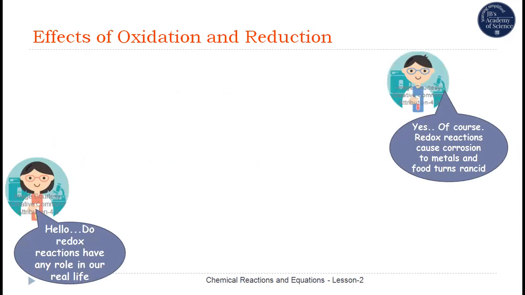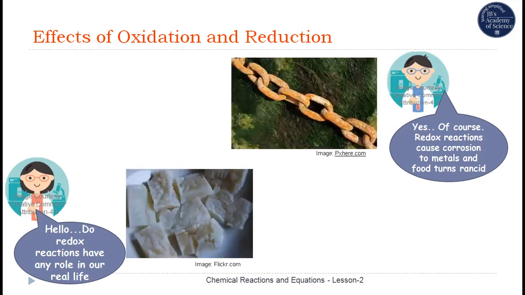Now, effects of oxidation and reduction in our real life situations. These are two common things we can observe in our real life. The first one is rusting of iron.